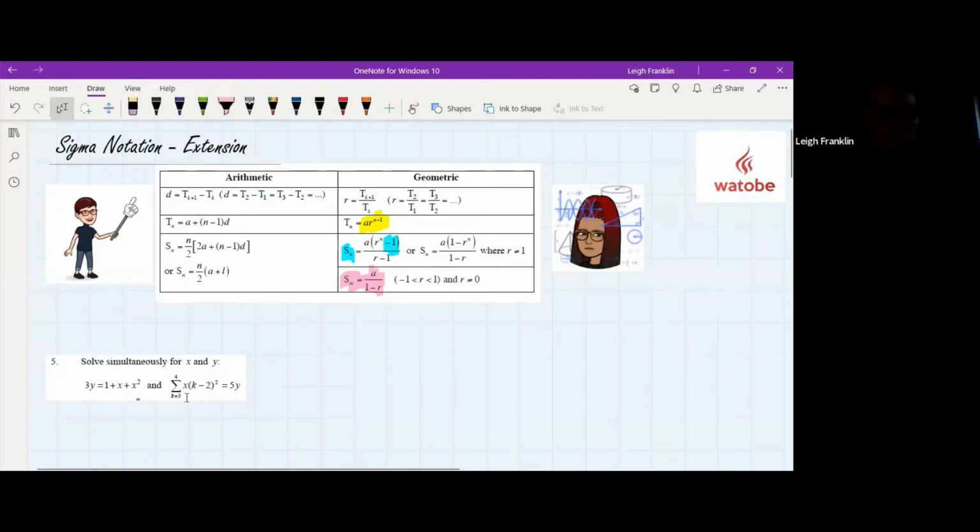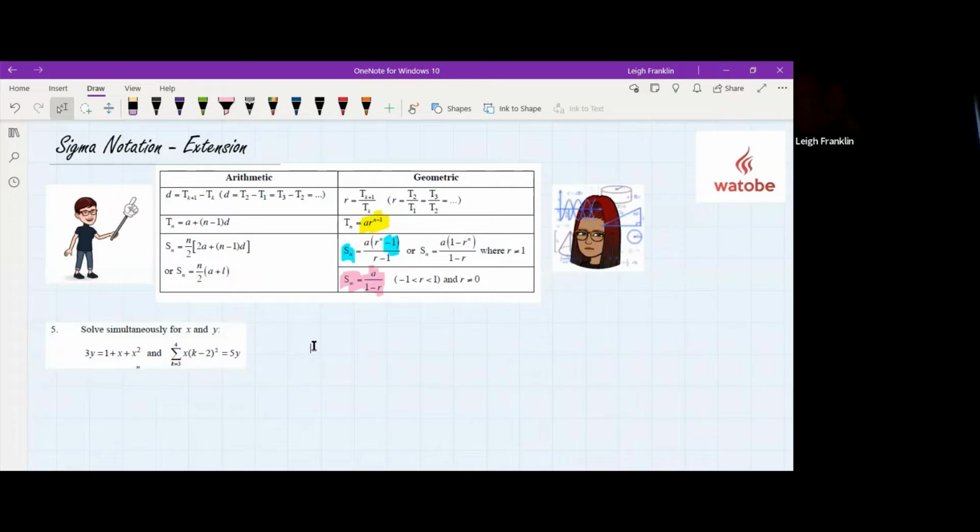All right, so now here's something super unusual. Solve simultaneously for x and y. Whoever would have thought that they would have brought together a simultaneous solution together with sigma notation? It's something completely different. What we see here is two different equations.